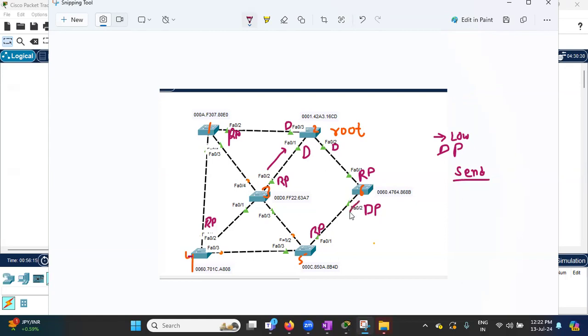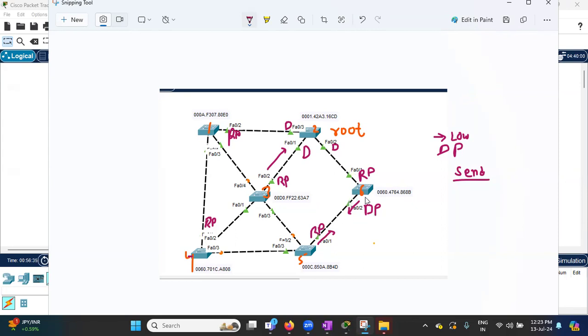This is sending one BPDU. This is also sending one BPDU. Now we need to identify which has the lowest cost. This has the lowest cost, tiebreaker is completed, right? So we can say simply the DP port.